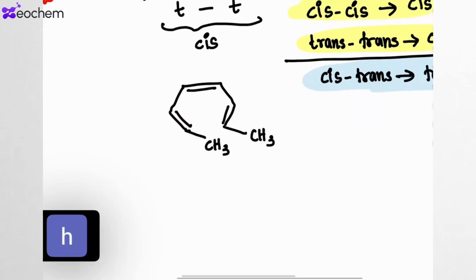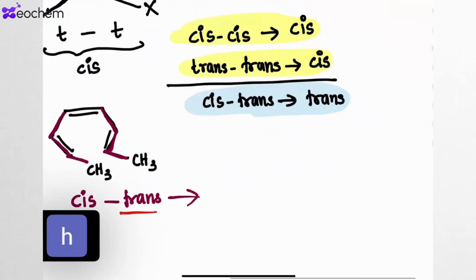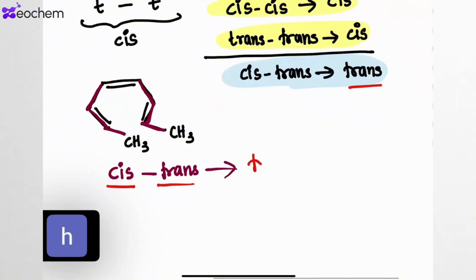First, look at this bond. In this bond, one substituent is on this side, the other substituent is also on the same side. So this is cis. Now look at this bond. Here one substituent is on this side, the other substituent is on the opposite side, right? So it is trans. So the overall stereochemistry is what? If one is cis and the other is trans, it will be trans.